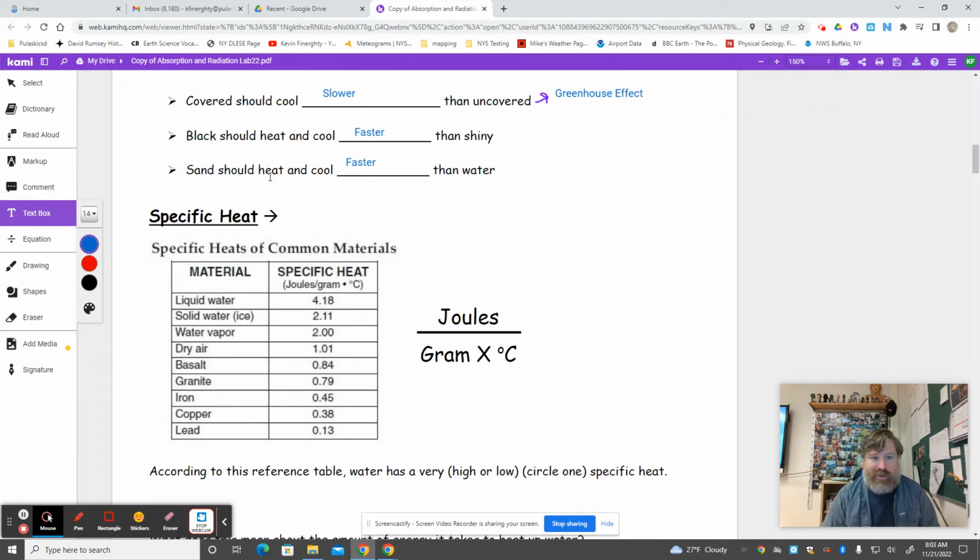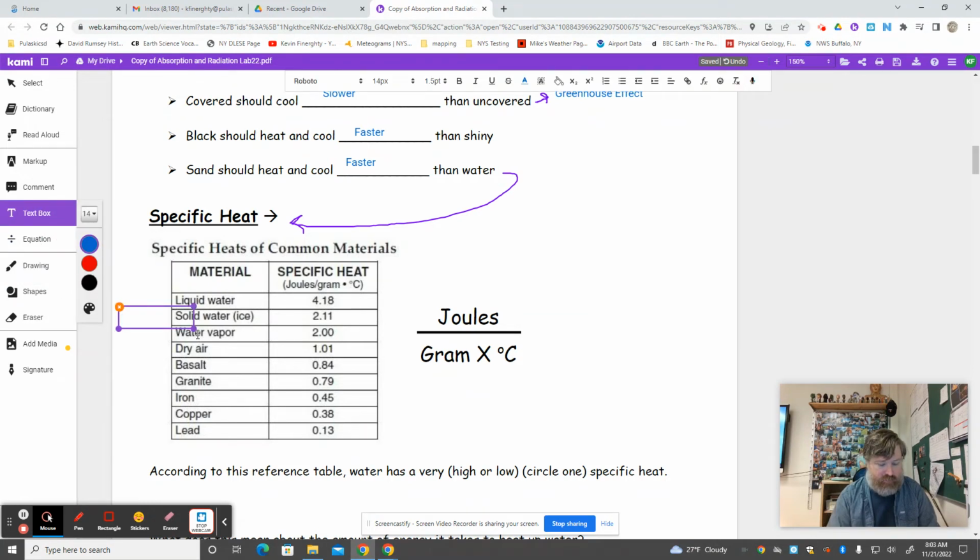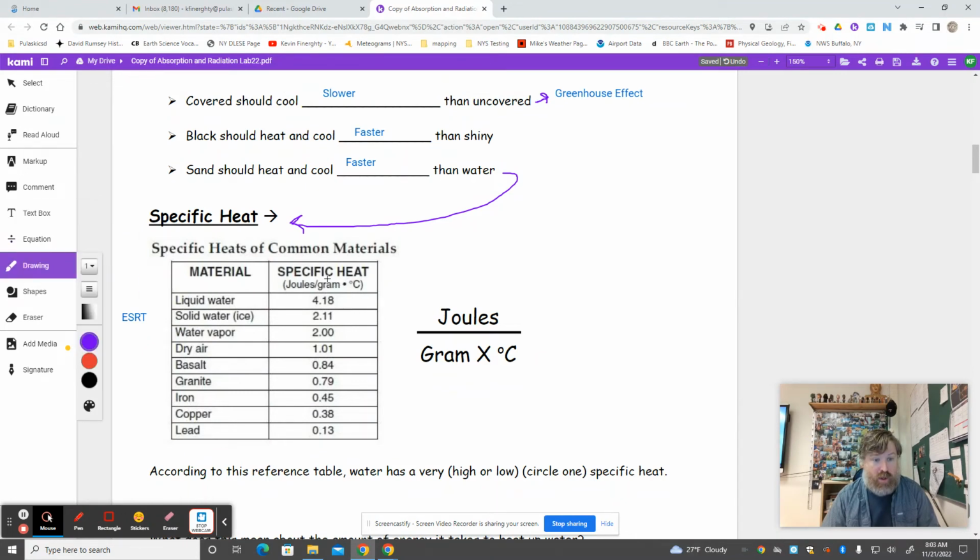So all of that comes down to this property. You may have never heard this term before, specific heats. This is a list of specific heats. This can be found on the front page of the ESRT, Earth Science Reference Tables. A bunch of common materials and their specific heats. So what is specific heat? Take this unit right here and break it down, and we'll define it by just seeing what this unit says.